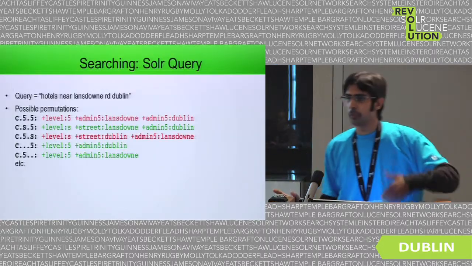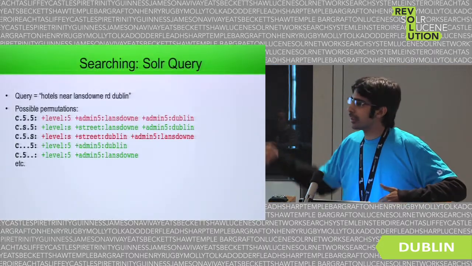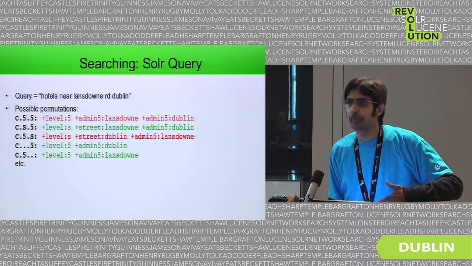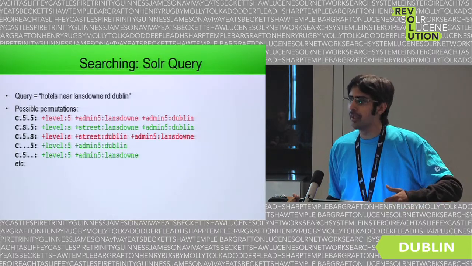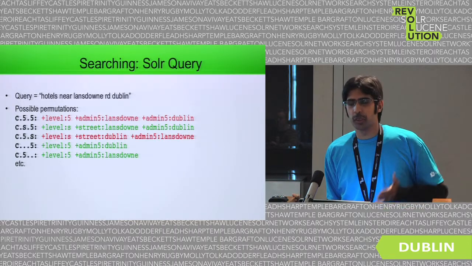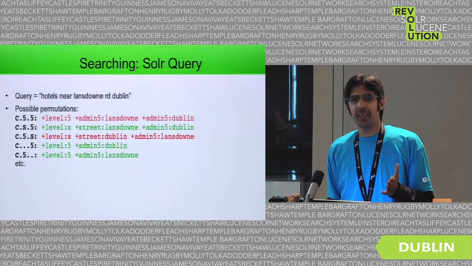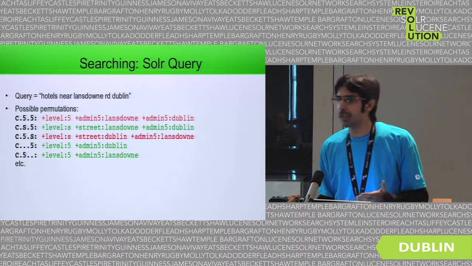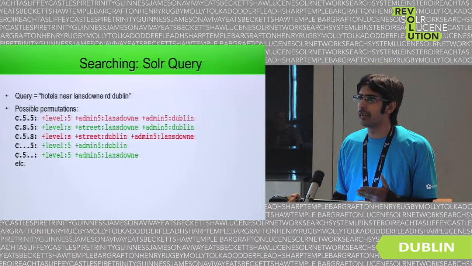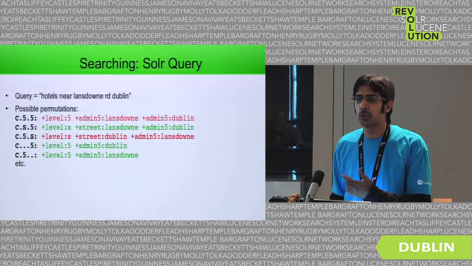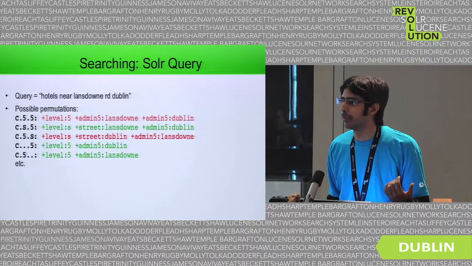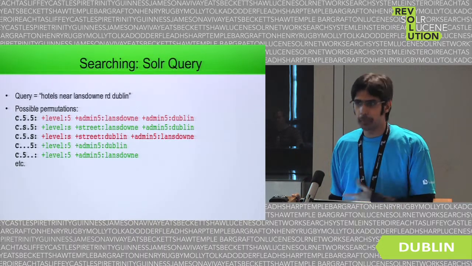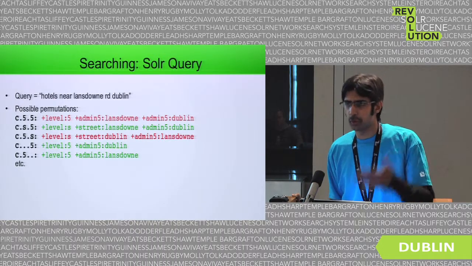So there are more heuristics built into discarding these permutations, and some of them are probably worth talking about. Some of the permutations will never occur in real life. People may not search for, let's say, Dublin, Clyde Court Hotel, Ireland. People generally don't, in terms of user behavior.